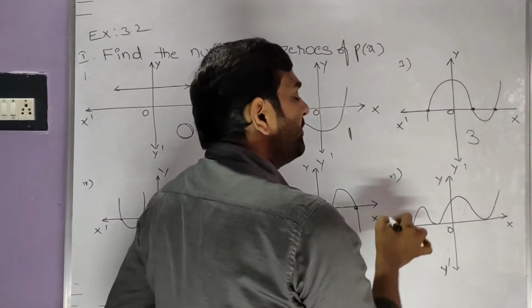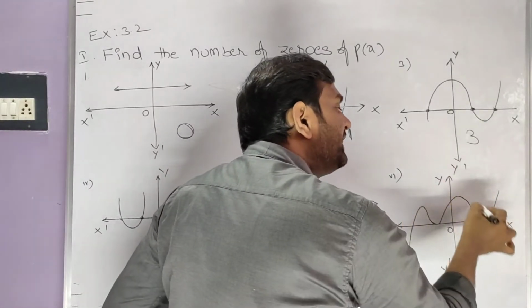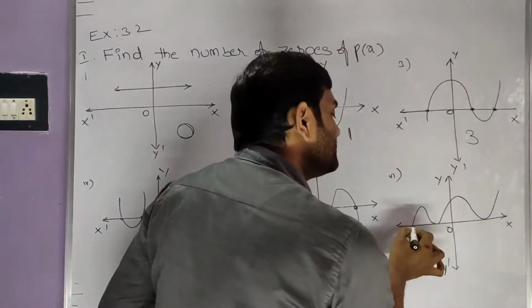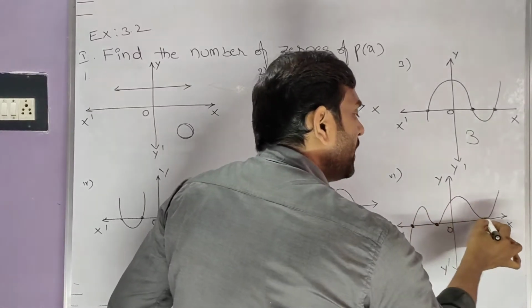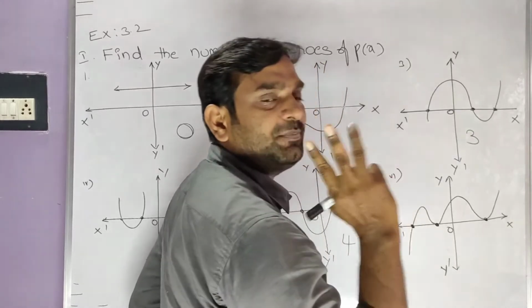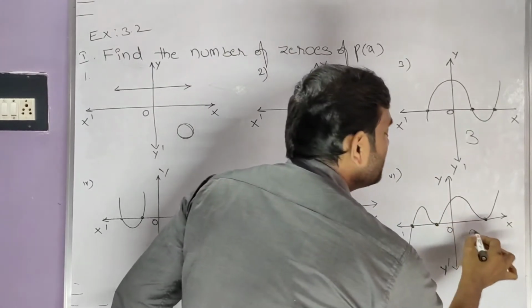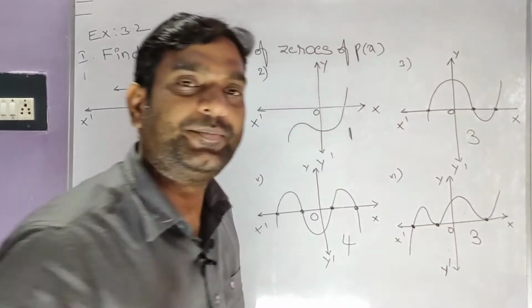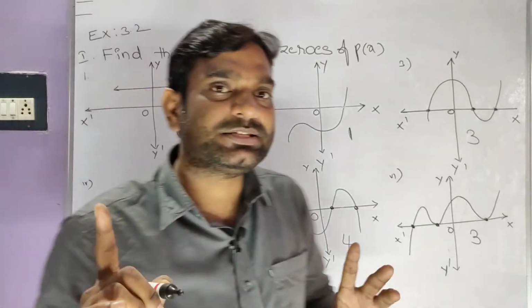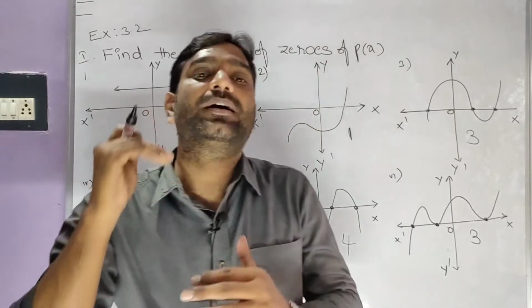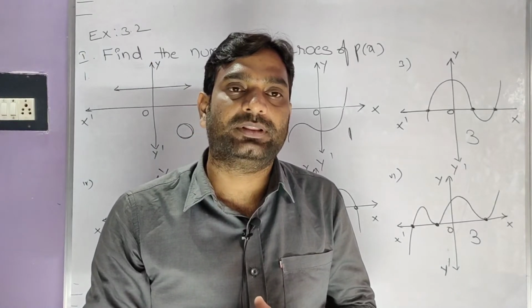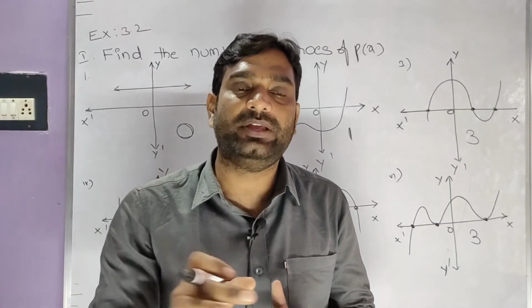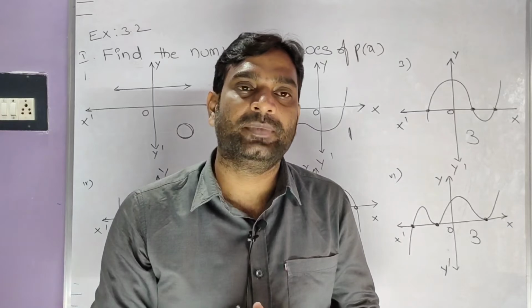Coming to the sixth problem, this curve intersects the x-axis at 3 places, so the number of zeros is 3. Did you get the concept? The number of times the graph intersects the x-axis is the number of zeros of the polynomial.